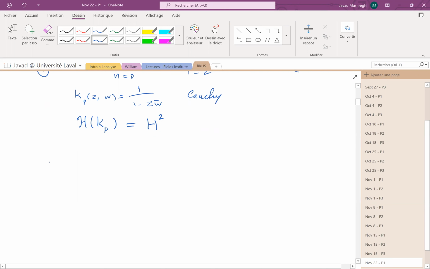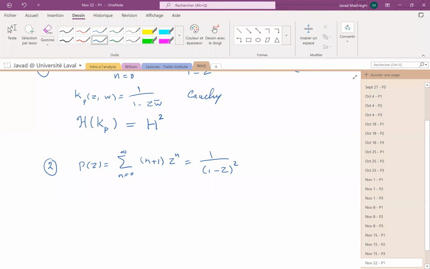Another example, example 2, is P(z), the sum from n equals 0 to infinity of (n plus 1) z^n. Sorry, let me write it correctly. Yes, true. If we take a_n, it becomes this one.